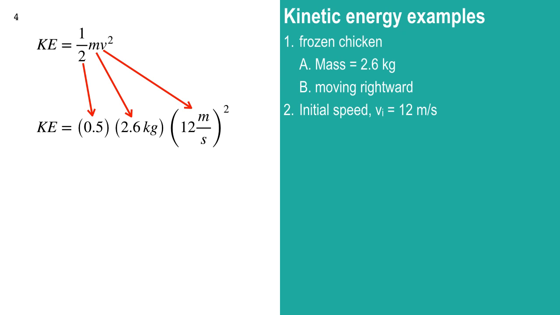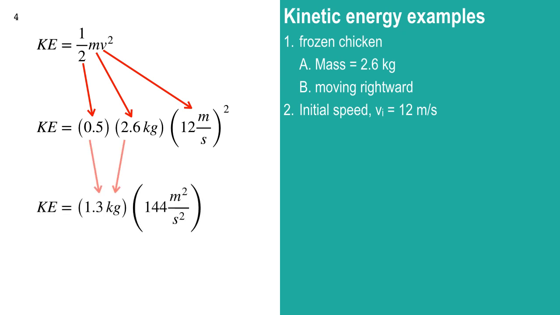All right, so next thing you do, there's your plug-in step. All right, now you got to do a little bit of calculation. And what I always do, if it's easy to do mentally, I put the 0.5 and the mass together into, like for this example, 1.3 kilograms. All right. And then for the v squared, I square the number and I square the units.